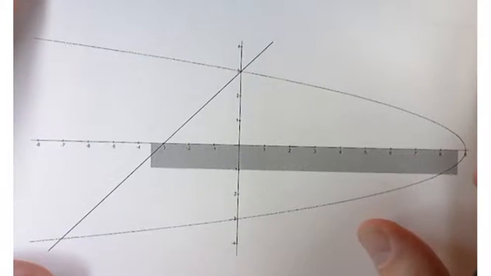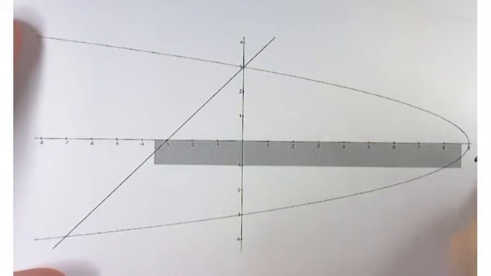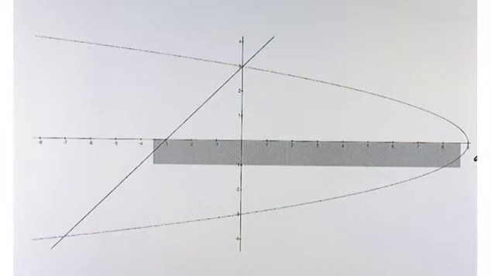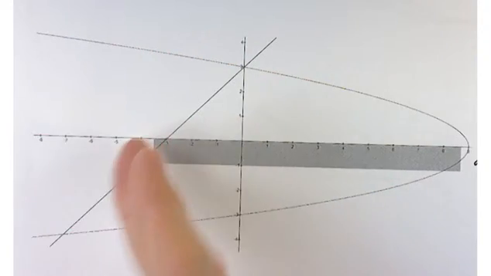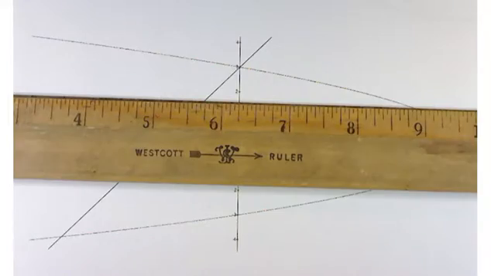So, same two functions, but what kind of a slice am I taking now? This time I'm taking a dy slice. And the nice thing is that the right-hand function and the left-hand function don't change throughout my problem.